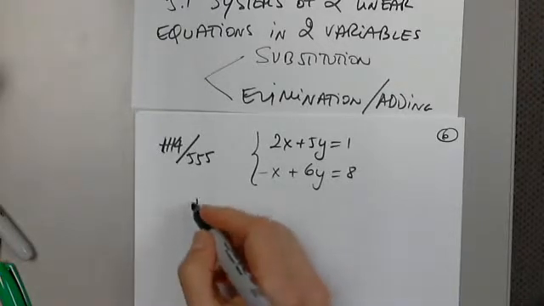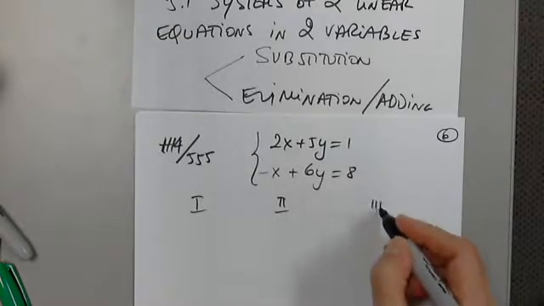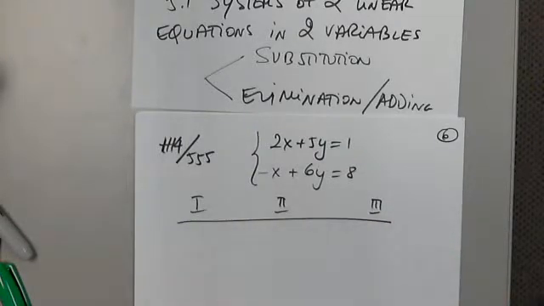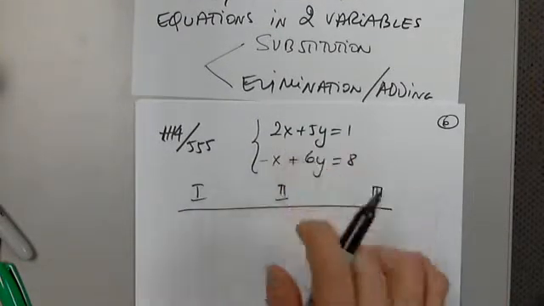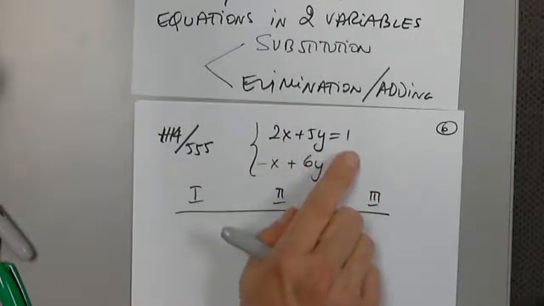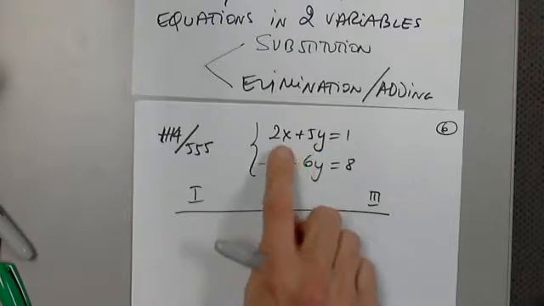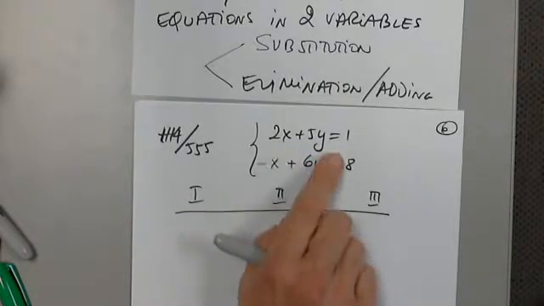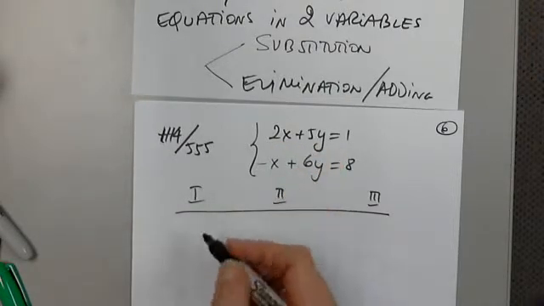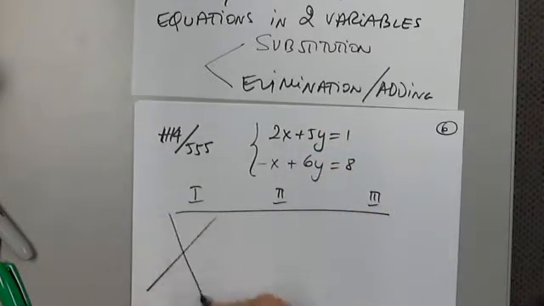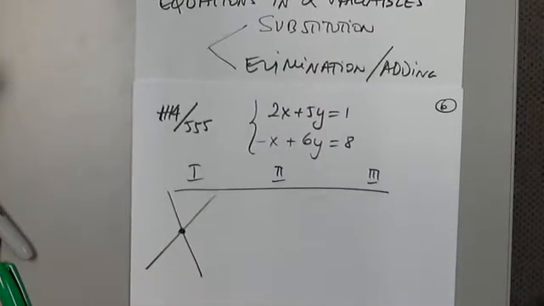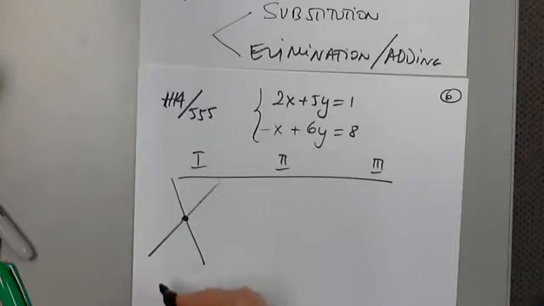So what can happen here? There are three possibilities. If you want to graph 2x plus 5y equals 1, what will you graph? Will you graph a parabola? A rational function? A line? Of course, a line. So they are both lines. Two lines can meet in one point. That's the first option. We call this unique solution or one solution.